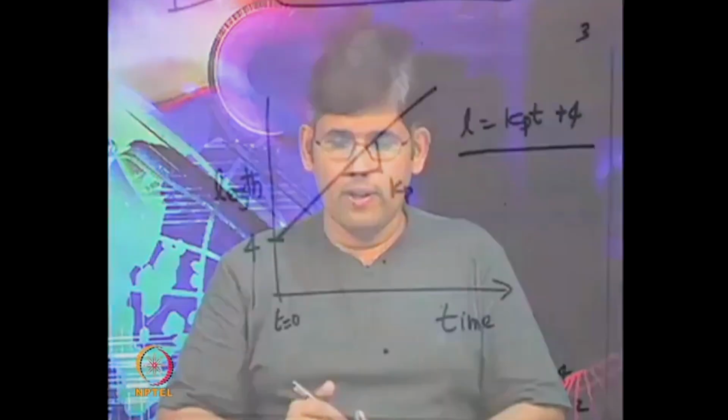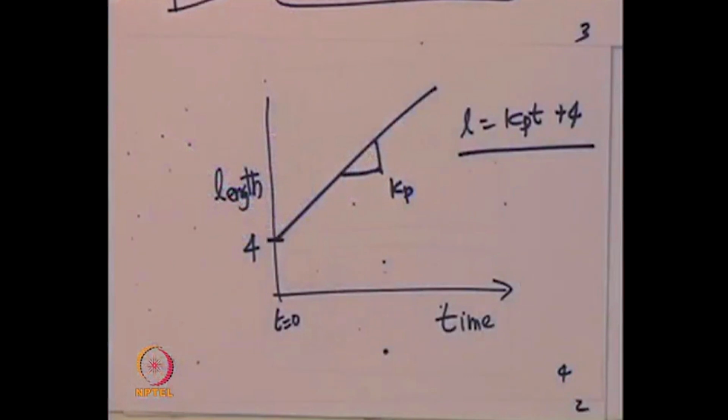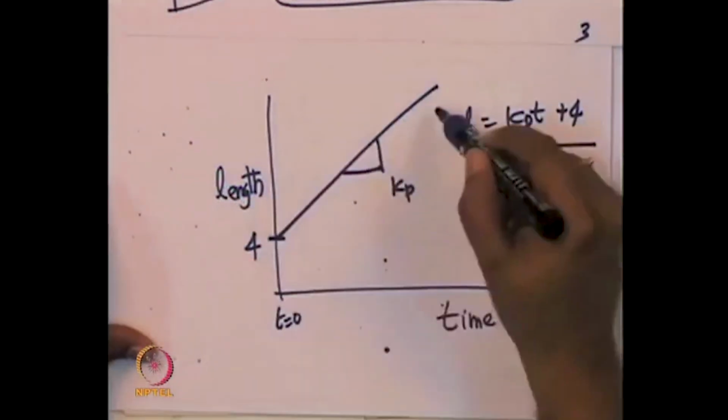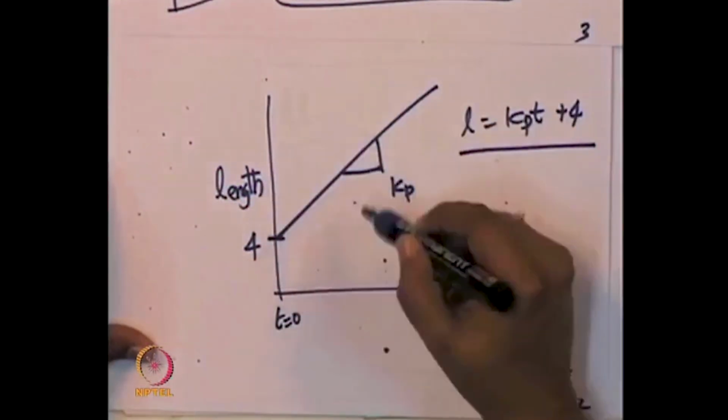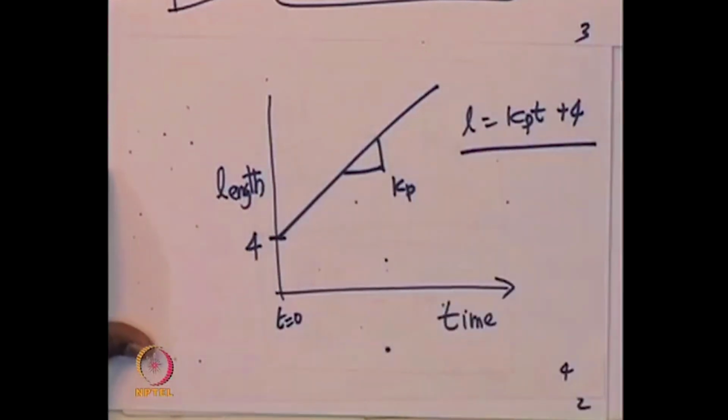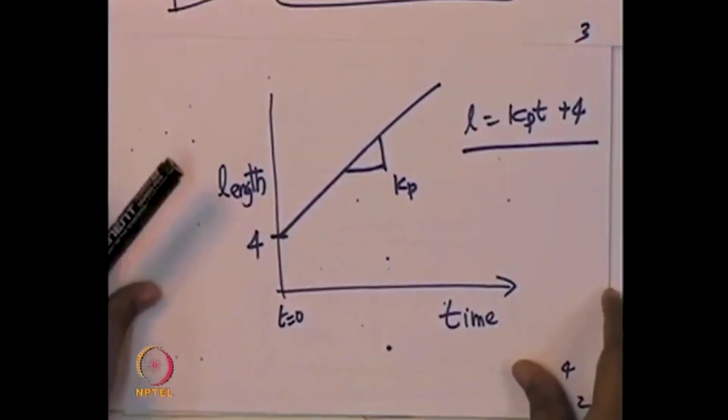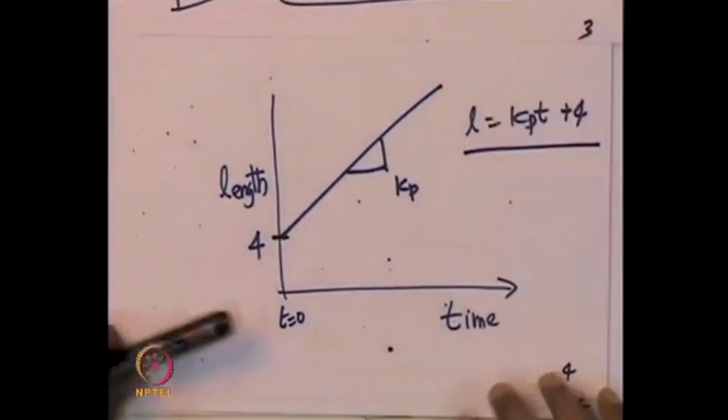So, this is a linear function where the length increases with time as a straight line. Okay. So, we understand polymerization, and we understand how to describe polymerization using a mathematical description.